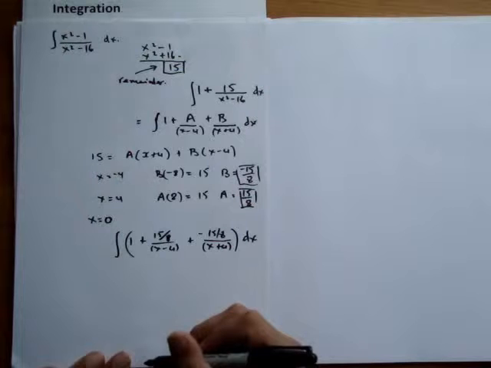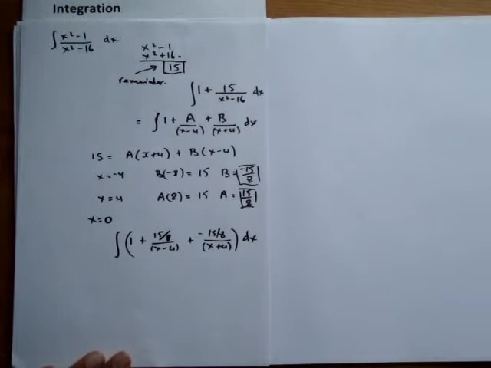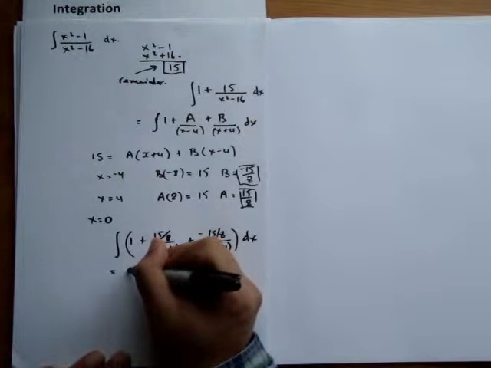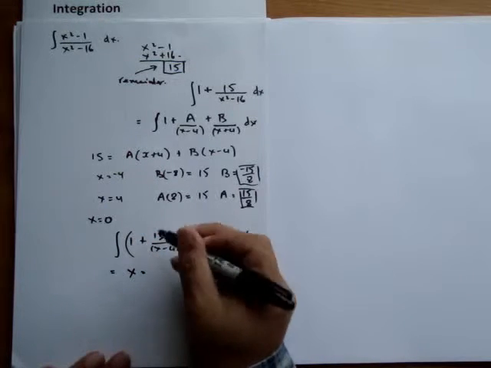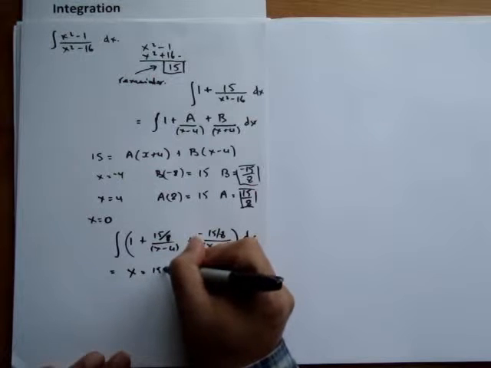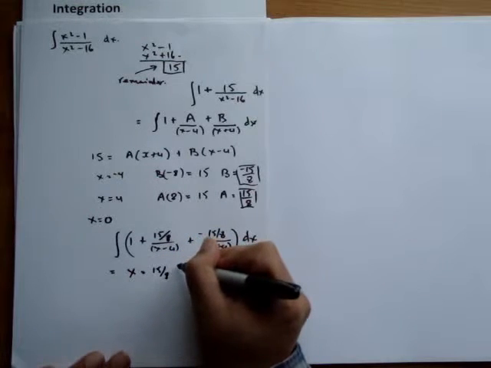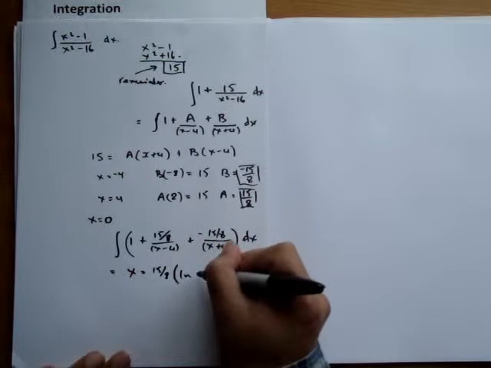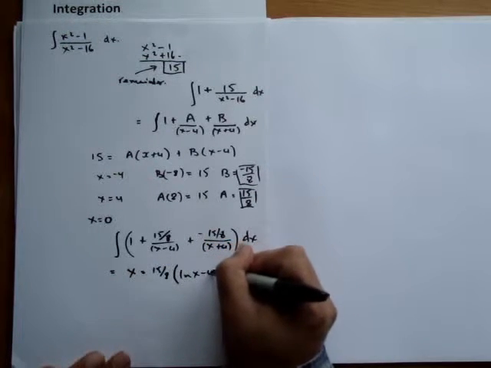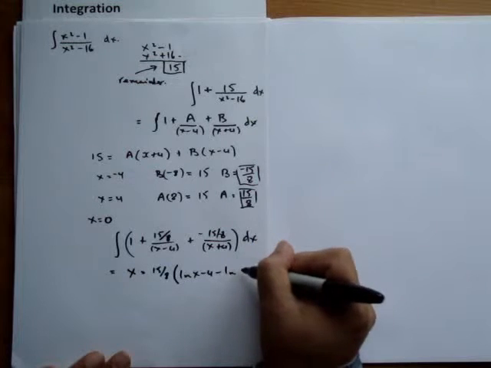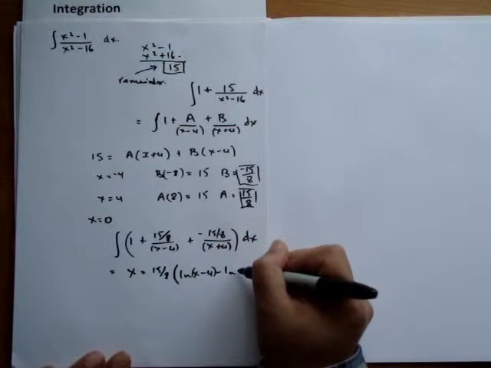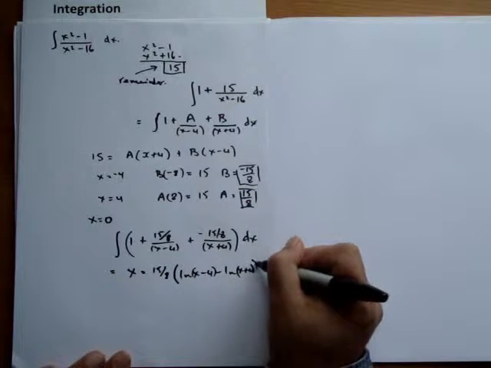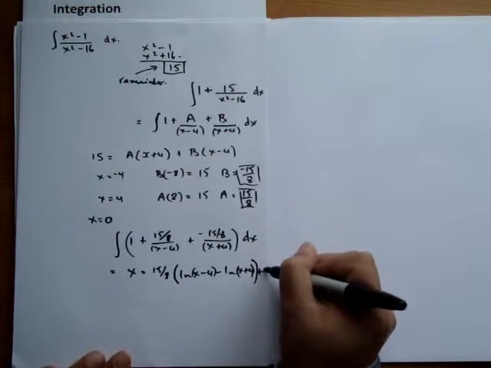And when we do our integration, the integral of 1 is x, plus, then we gather our 15 over 8 to one side, so factor the 15 over 8 out, and we get natural log of x minus 4 minus natural log of x plus 4, plus c.